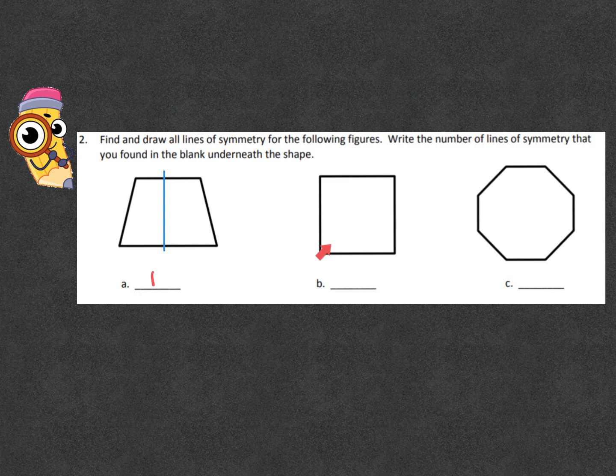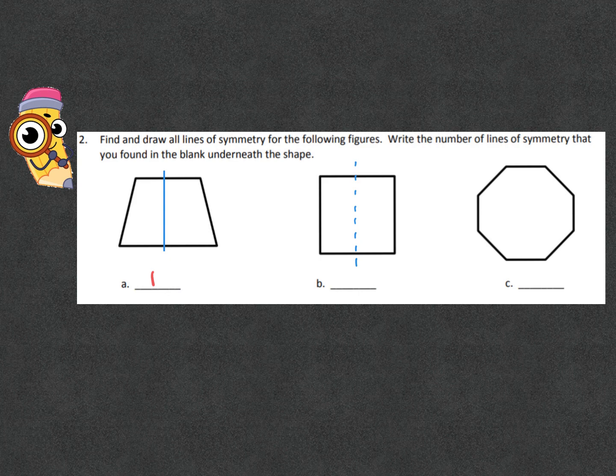Our second shape is a square. Because our square has four congruent sides, it is a little bit easier to find the lines of symmetry. Here we can see we can split the square vertically to create two mirror images of one another.